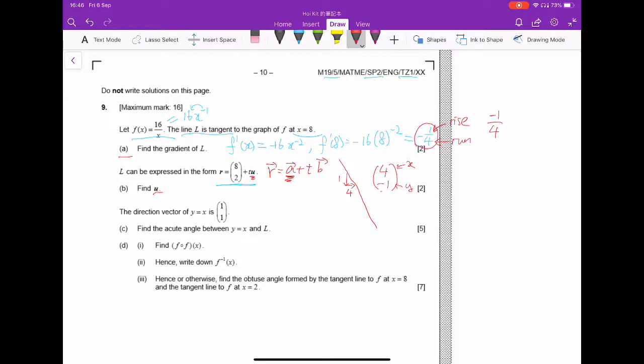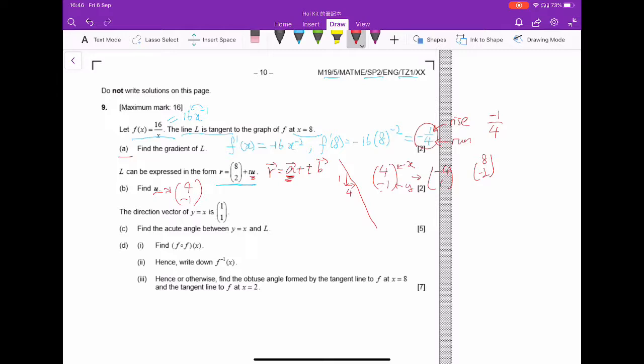Now note that u is not unique, so any other multiple of (4, -1) would work. Therefore, if you come up with, for example, (-4, 1), that is still a correct answer. Even if you come up with something like (8, -2), that is still a correct answer. So different students could have different answers to this, but they should be a scalar multiple of (4, -1).